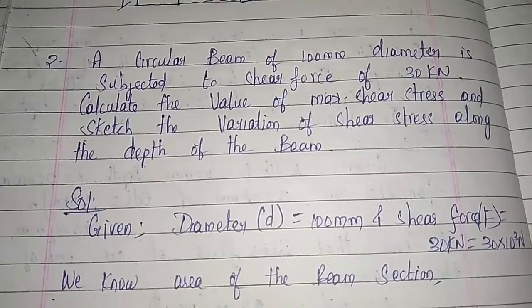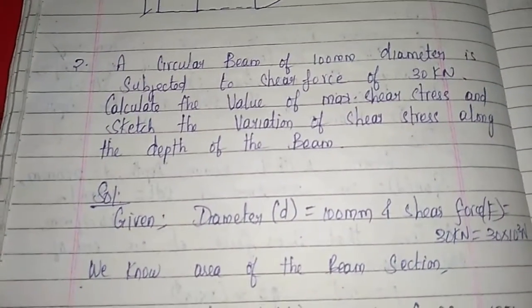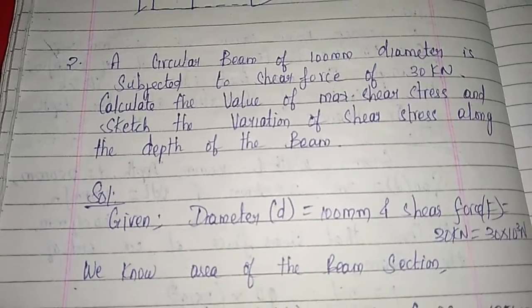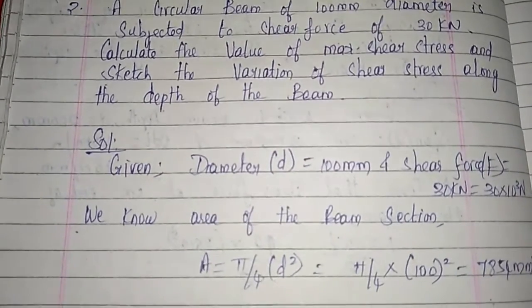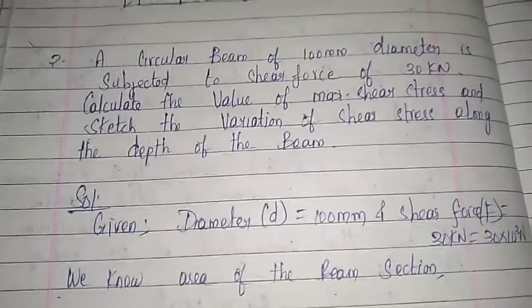A circular beam of 100 mm diameter is subjected to a shear force of 30 kilonewton. So they have given the shear force, equal to 30 kilonewton. See, in the last problem, they had not given the force.